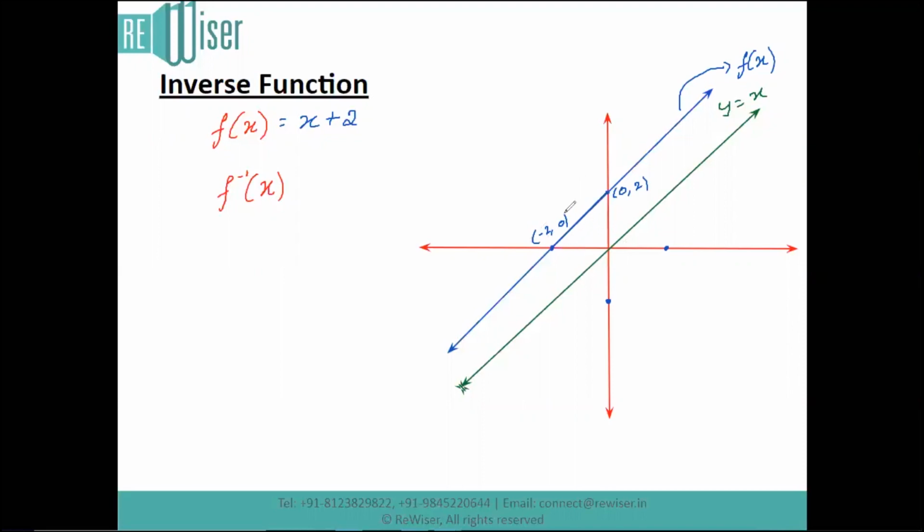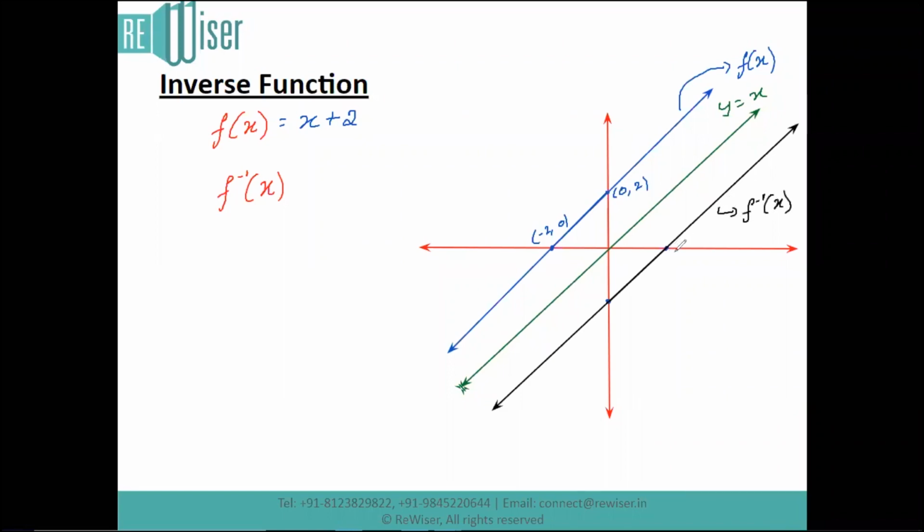My line is going to look something like this. As you can see, the line is exactly a reflection of f of x along the y equals x line. This will be your f inverse of x.